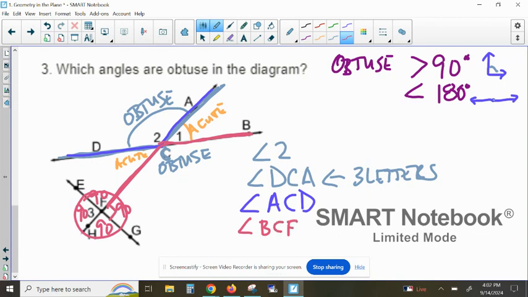That would be okay. Or I can go backwards and do F to C to B. Angle FCB. So if I do these letters, I have to be able to put my pen on F and go to C and then go to B, and then I actually trace that angle. So that's how you can tell if you're good.